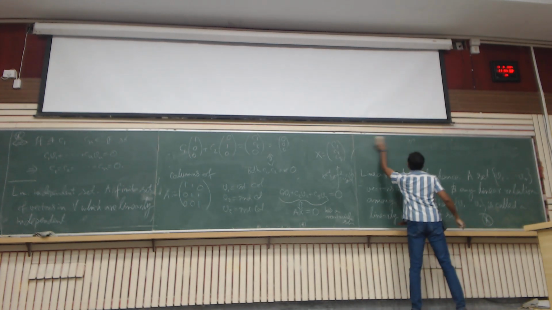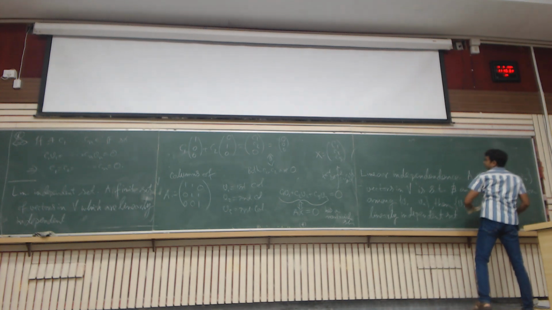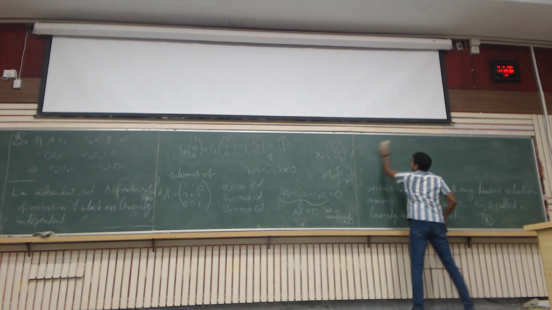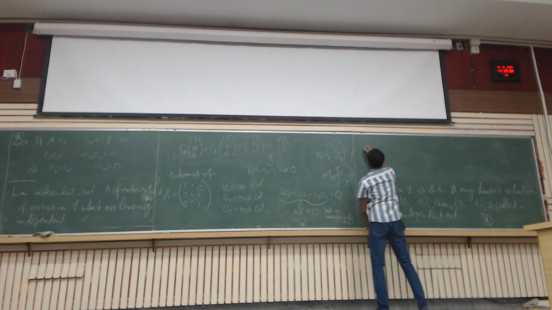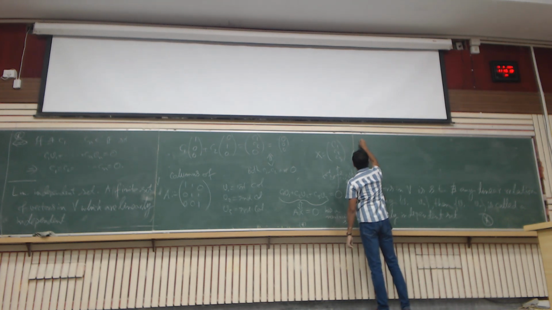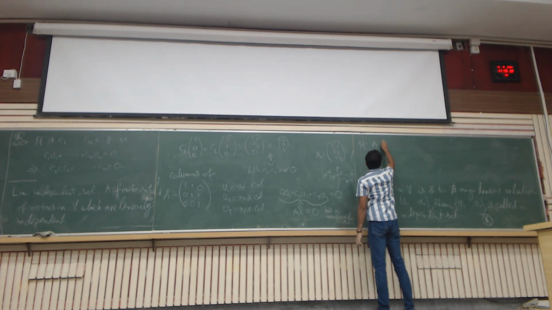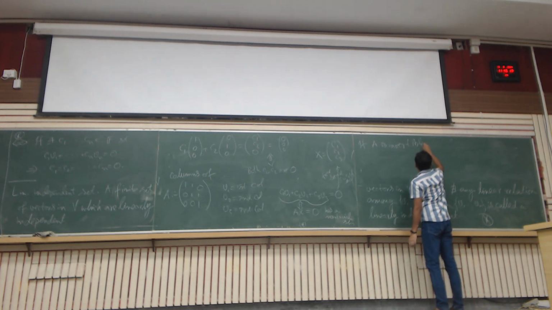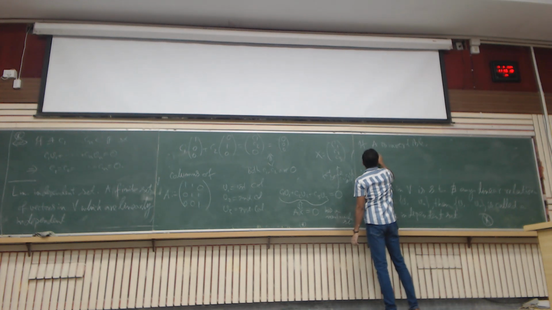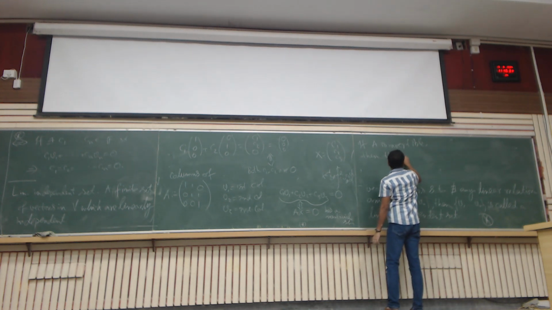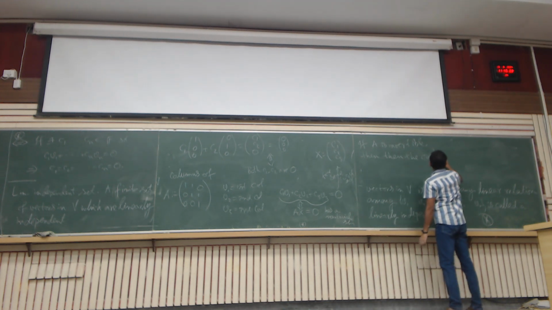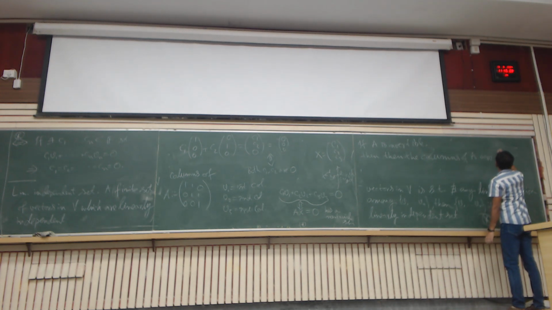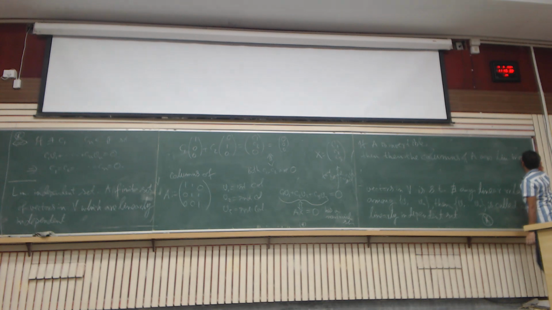So we just saw that if A is invertible, then the columns of A are linearly independent.